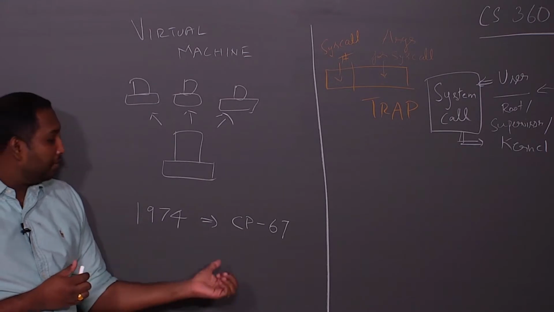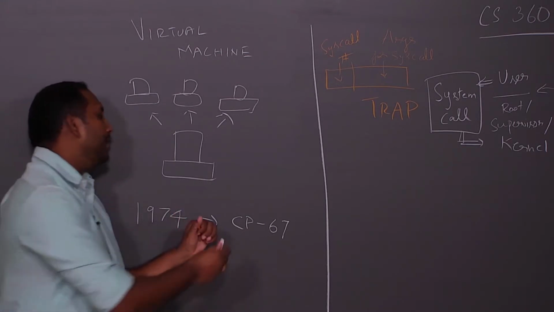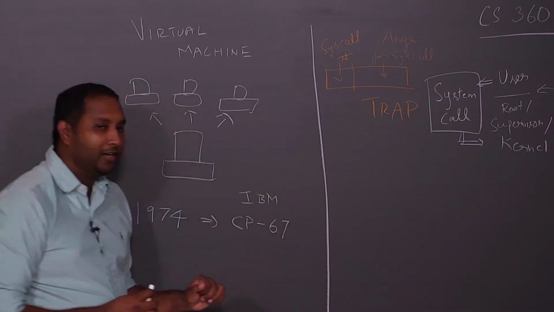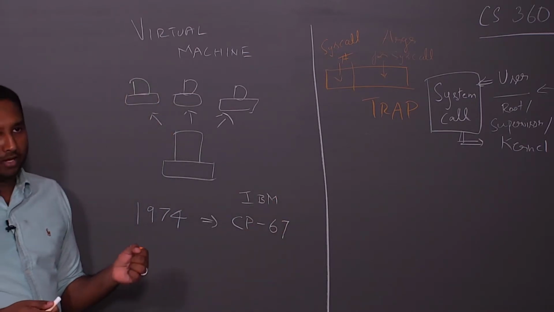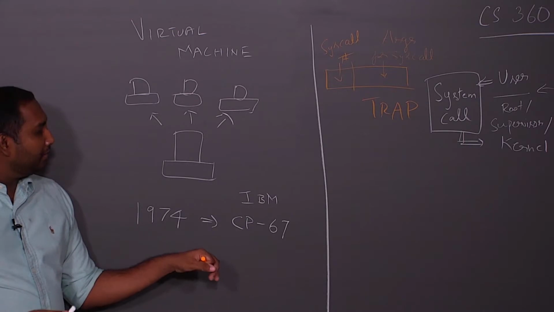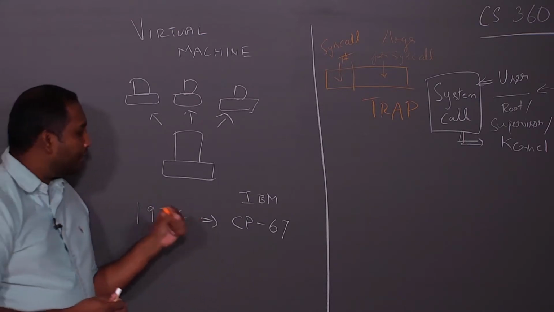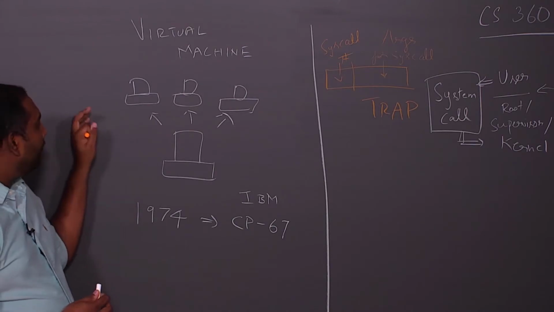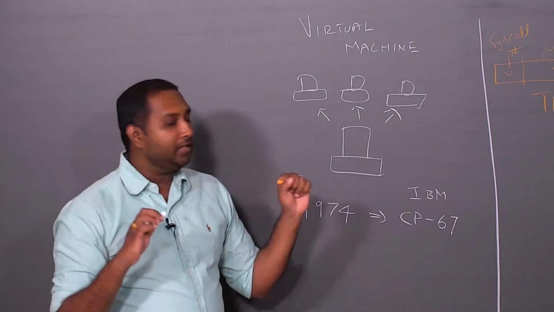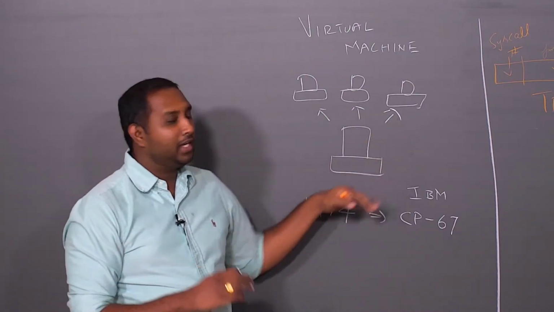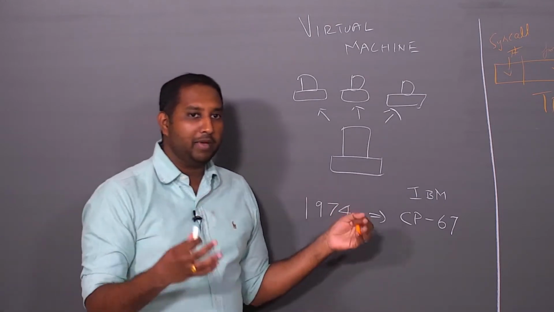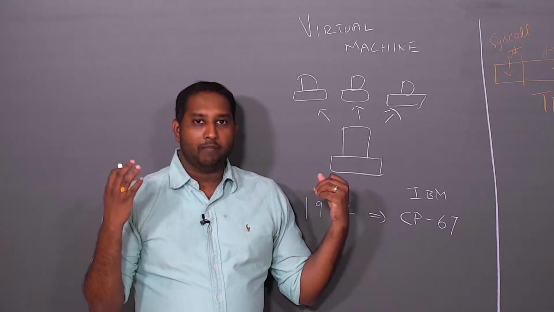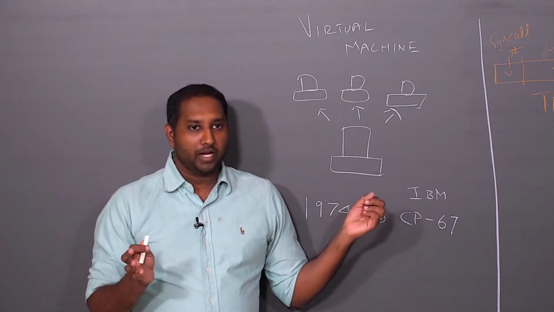Even back in 1974, IBM was saying, we have this big machine, it's highly underutilized, how can we increase utilization? The idea they came up with was to have one machine and give virtual machines to different users, so that each user, when they log in, gets their own operating system, their own devices, their own memory, everything.